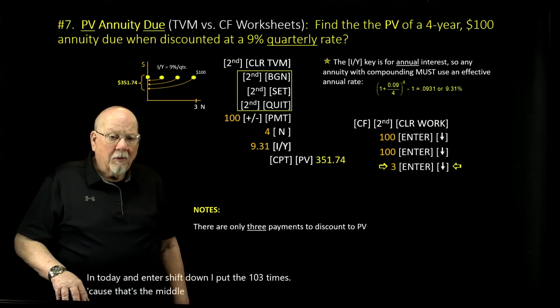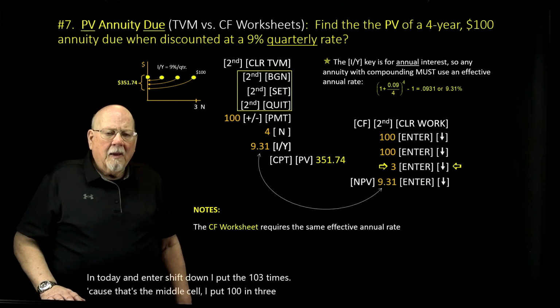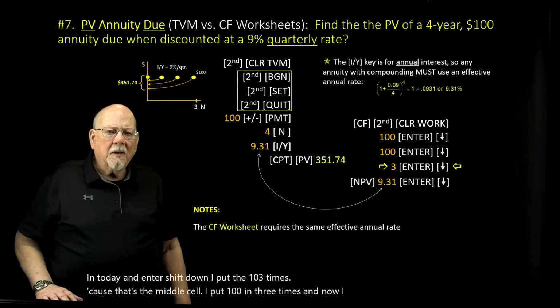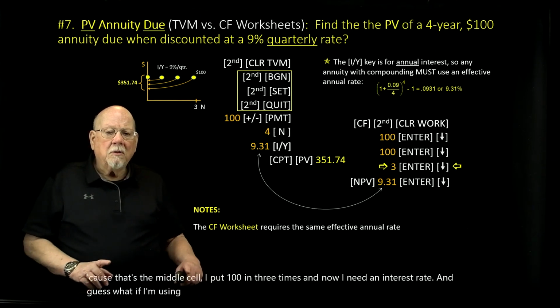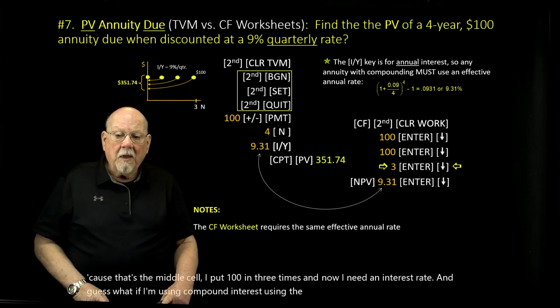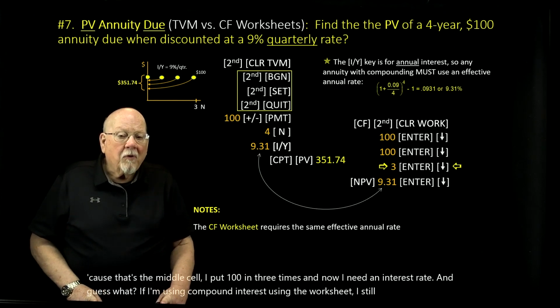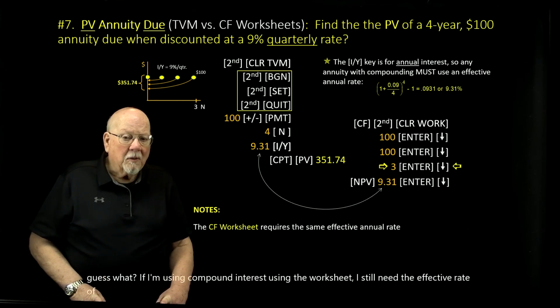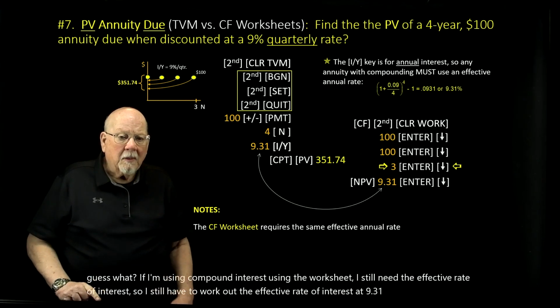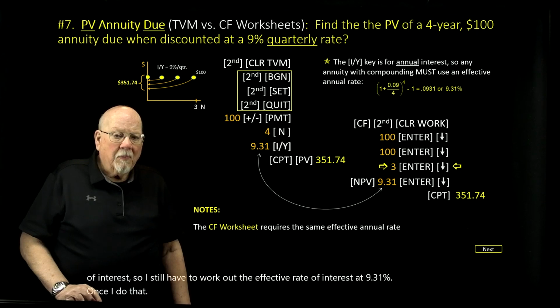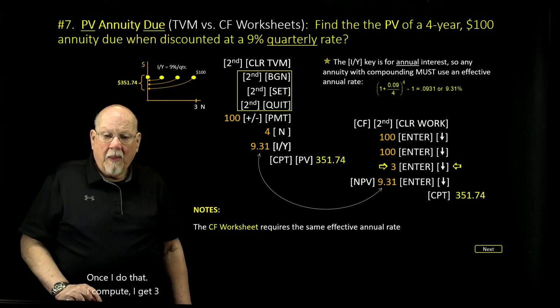Now I need an interest rate. And guess what? If I'm using compound interest with the worksheet, I still need the effective rate of interest. So I still have to work out the effective rate of interest at 9.31%. Once I do that, I compute, I get 351.74. Same answer.